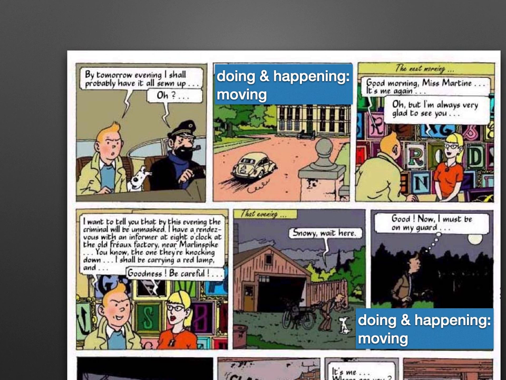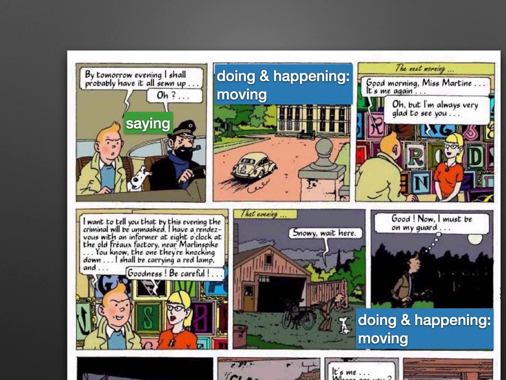Or another case here, doing and happening, moving. Here is Tintin walking, rather a car approaching Moulinsart, Captain Haddock's mansion. Now, notice that we can have more than one kind of change within one and the same panel, because this shows that Tintin is moving, he's walking, but at the same time something else is happening.